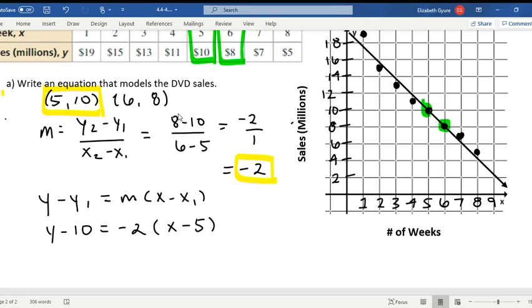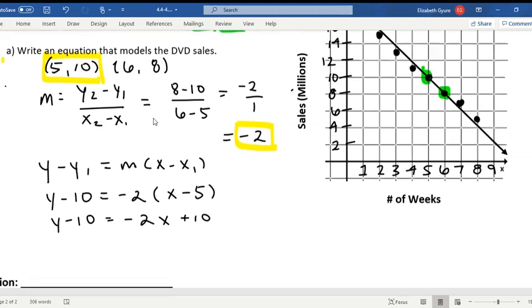Annalise, help me distribute. Yeah, so I'm going to drop down my y minus 10 equals -2x. A negative times a negative is a positive 10. Yeah, positive 10. Good. So plus 10.